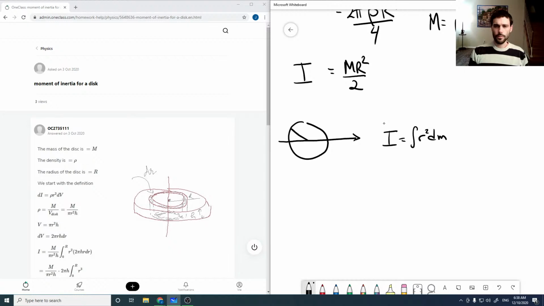So if we wanted to identify one, and remember the r's are always perpendicular distances, so these would be our r's, and here's one such segment where it would have all the same r from the axis.